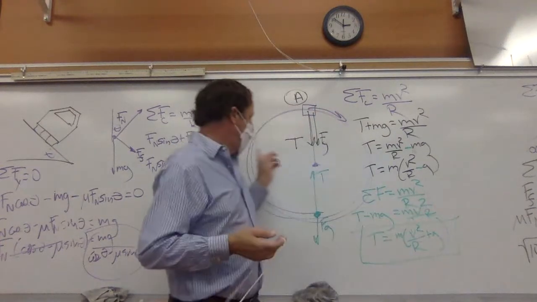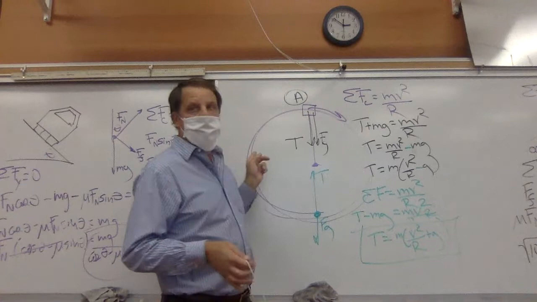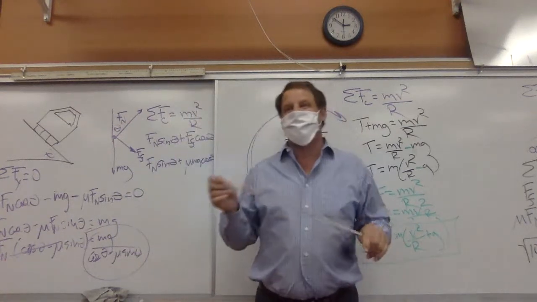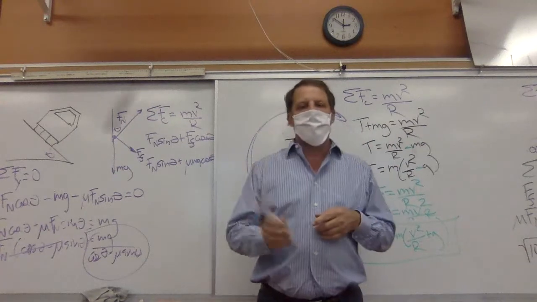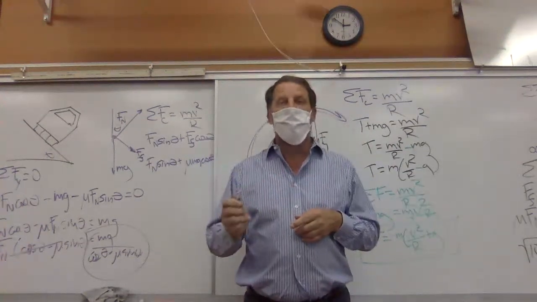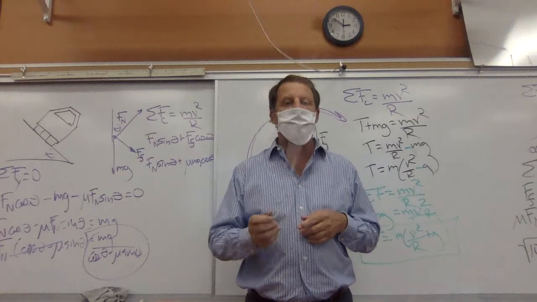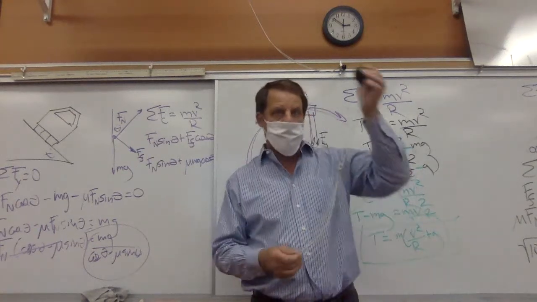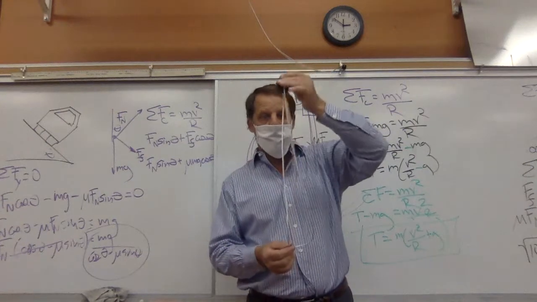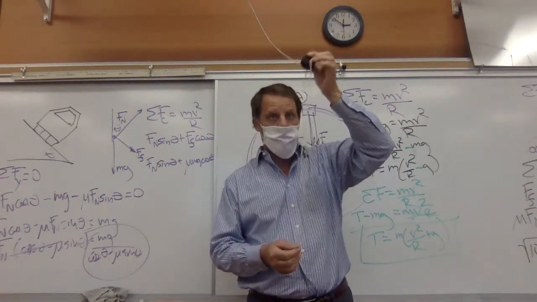When it's not vertical or horizontal, you're going to end up with some sines and cosines. But if I'm going around like this and I slow down, we can see that it no longer goes in a circle. We're going to get to a certain point here where the rope goes slack.